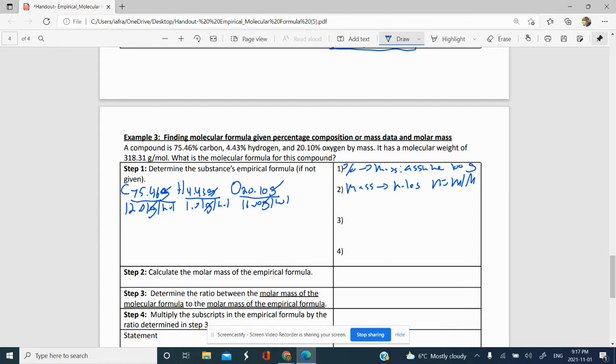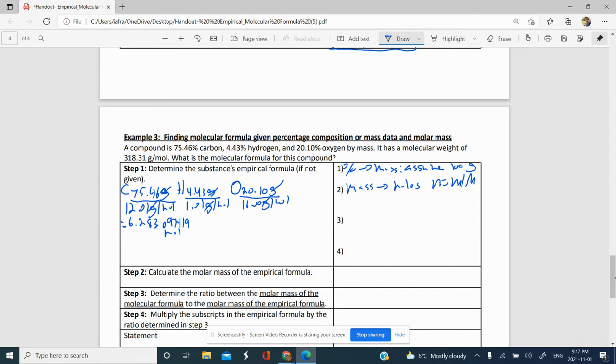So 75.46 divided by 12.01 gives us about 6.283097419 moles.